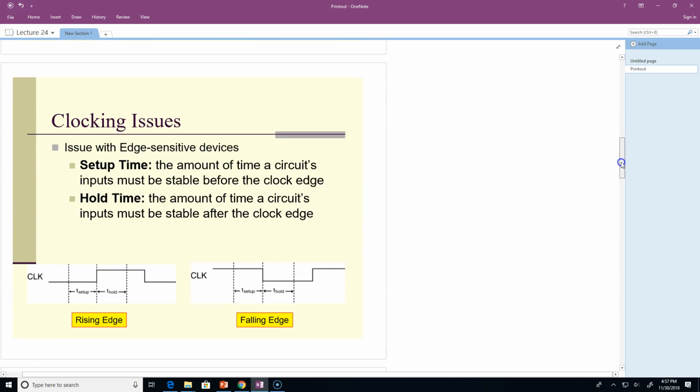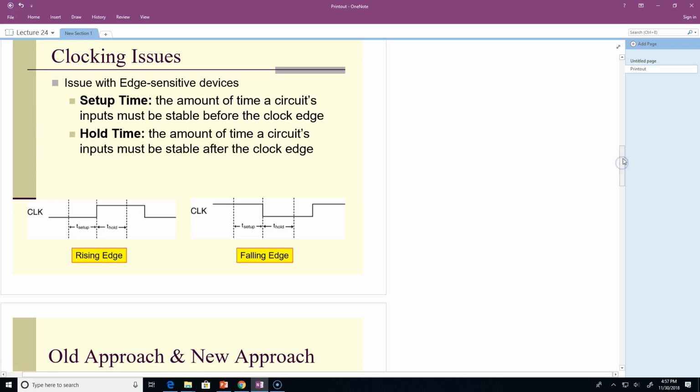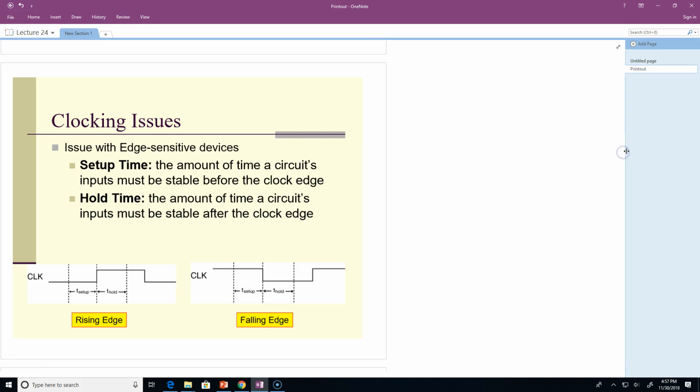Okay, so in digital electronics, there are two extremely important times, particularly when you're working with a synchronous circuit. You can't drive a synchronous circuit with a super fast, amazingly fast clock cycle.